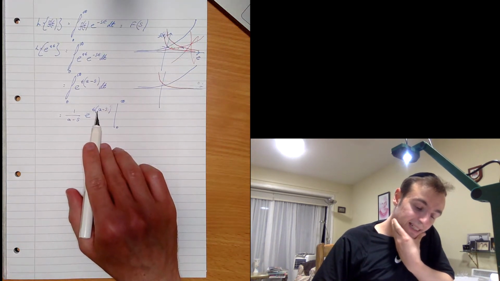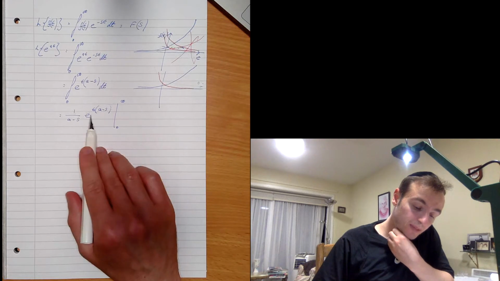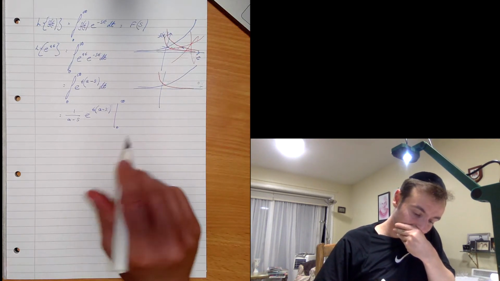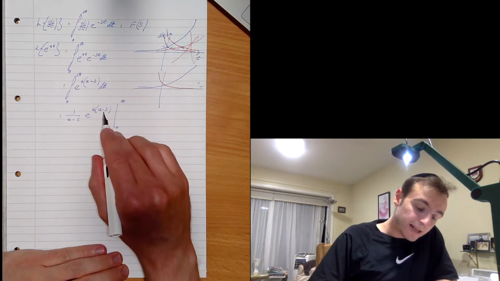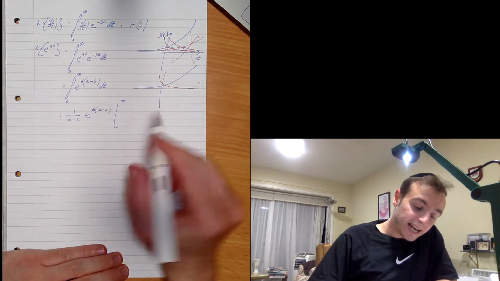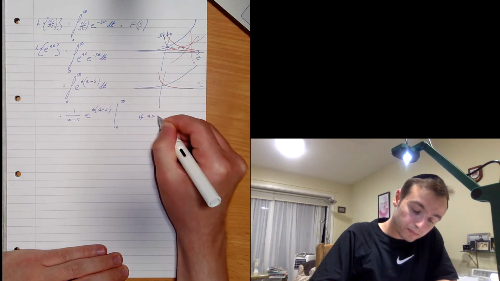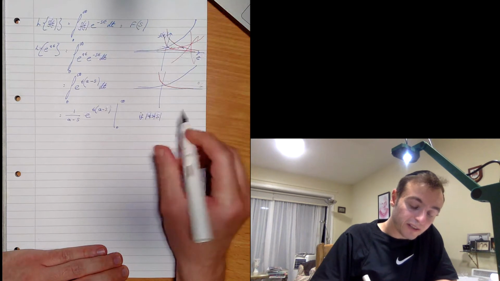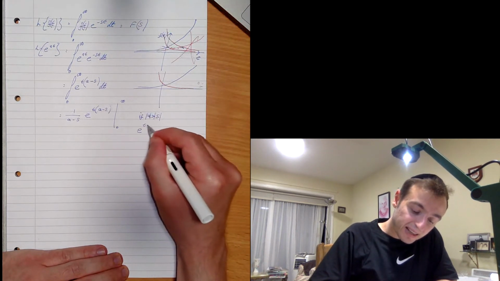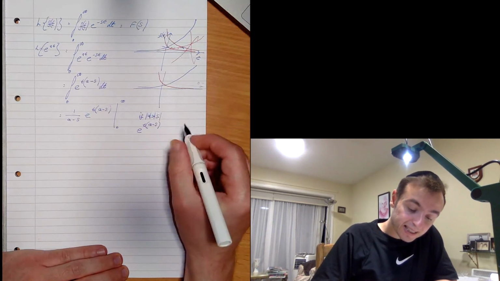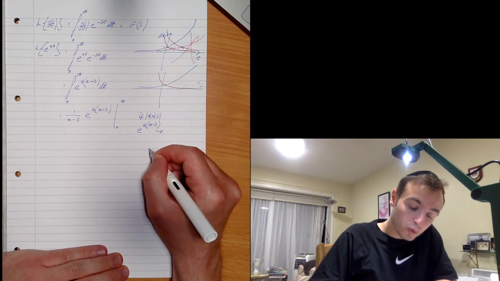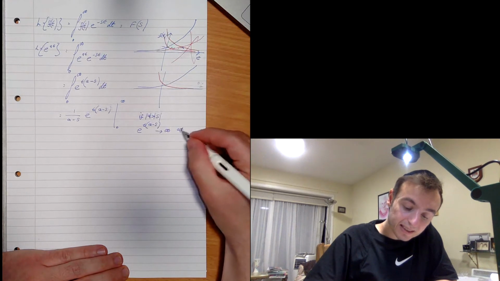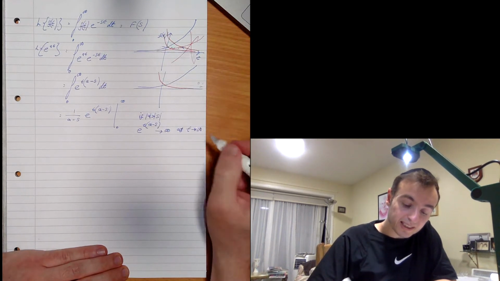So when t tends to infinity, what's e to the power of t times a minus s going to equal? Let's think about this carefully. If a is greater than s, let's say if the magnitude of a is greater than the magnitude of s, then e to the t times a minus s is going to tend towards infinity as t tends to infinity.